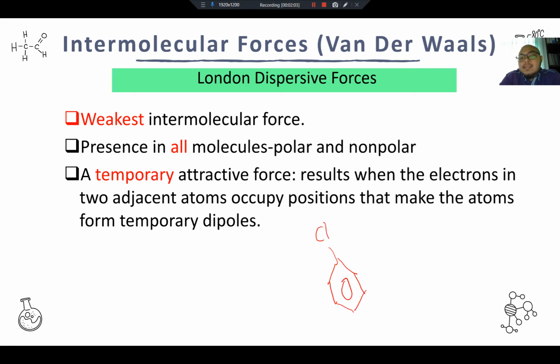Here is Cl, and you have this particular position. When they are in this position, London dispersion forces can form, but the interaction is the weakest. A temporary dipole force results when the electrons are in adjacent atom positions that make the atom form a dipole.